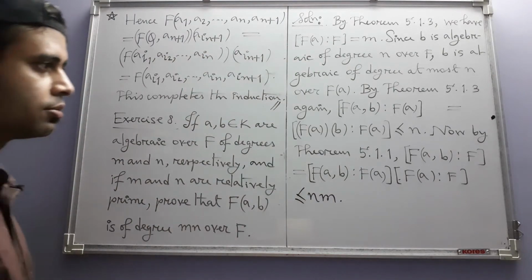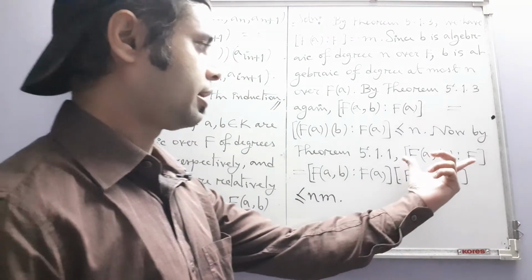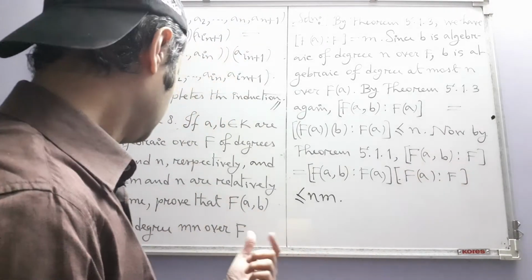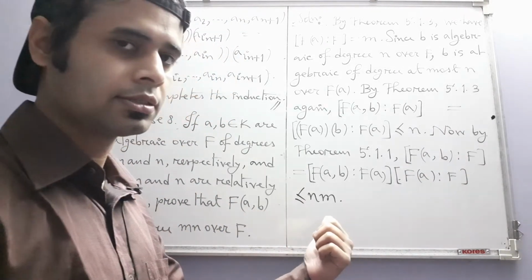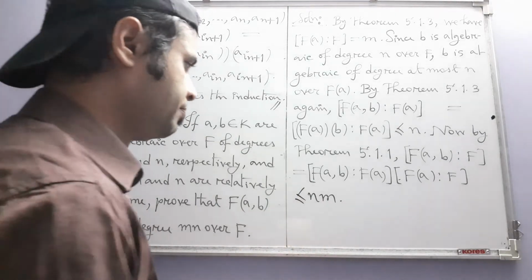Okay, so we get this thing, that this degree we want to prove is equal to mn, but we have shown that it's less than or equal to mn.